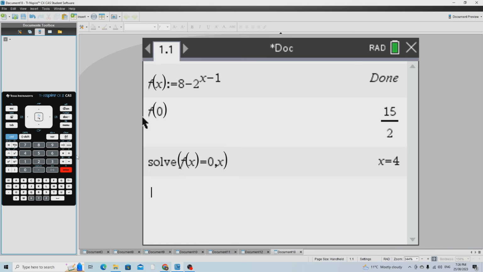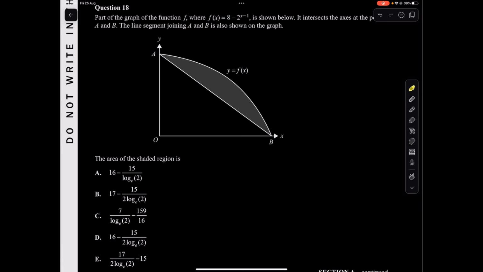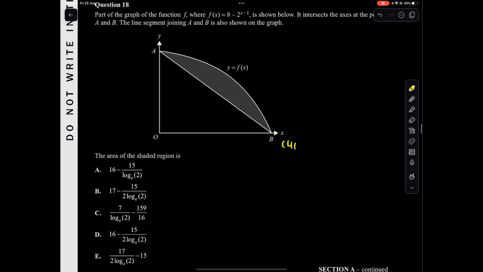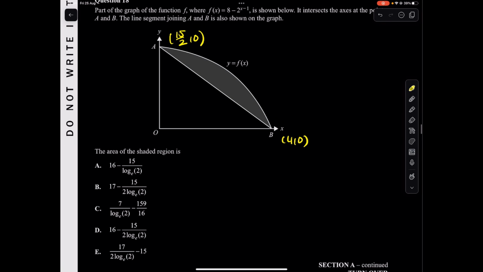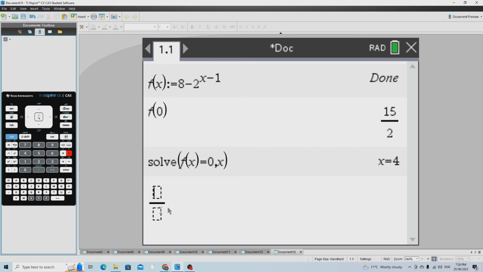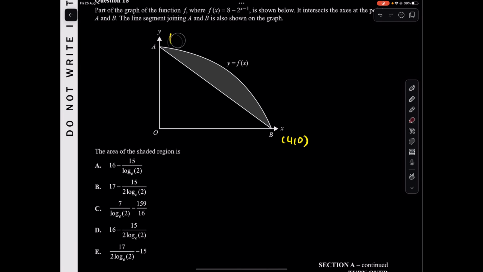So, okay, we have those and let's label them. We're saying that this is 4 on 0. And this one over here is 15 on 2, 0. So we know those. Let's find the gradient of this segment. Sorry, I've labeled this wrong.